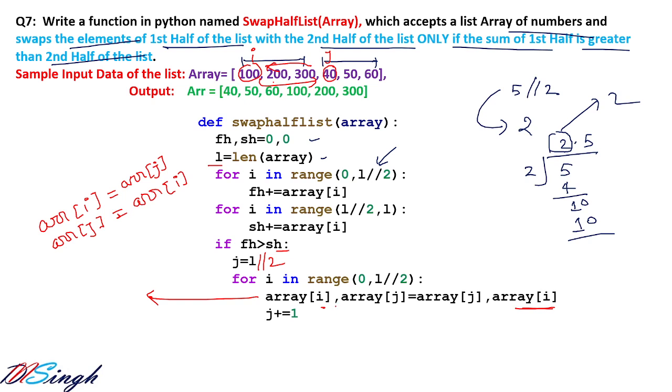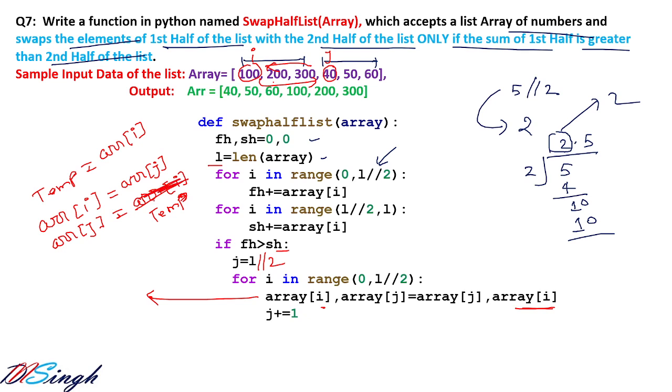For that we should take a temporary variable for swapping purpose. We can take a temp variable in the start, where we store temp equal to ARR of i. So the ARR of i value will be saved inside temp, and then ARR of j will be updated, and here I will write temp. Like that, swap code.